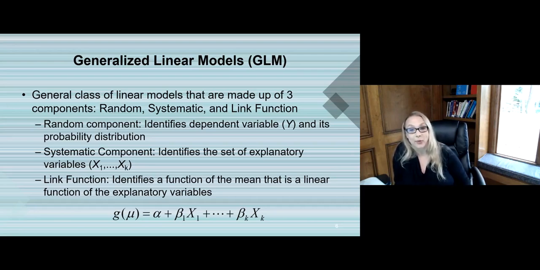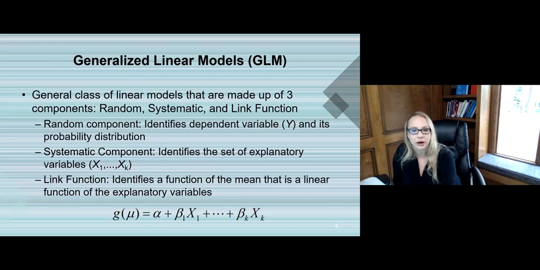In that last example, we were using the Poisson distribution. There is the systematic component that identifies a set of explanatory variables, x sub 1 through x sub k. And these are our x variables that we will be using. Then we have the link function, which identifies a function of the mean that is a linear function of the explanatory variables, as we've shown below using that equation.